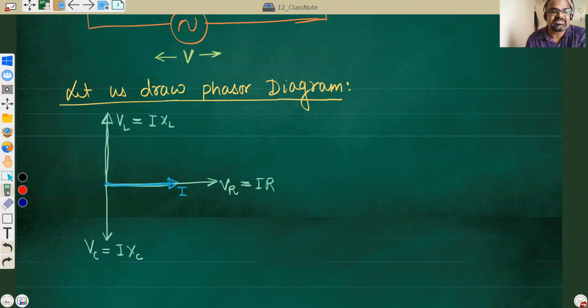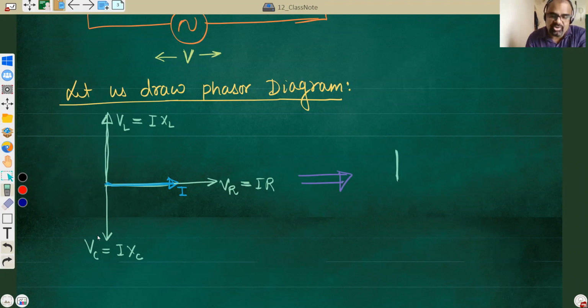What I'll do is I will first add these two, because they are exact opposite to each other, so we can directly add them. When you add them, the resultant of these two will be slightly upward. Why upward? Because I have shown this phasor to be greater than this. Can you see that this length is slightly greater than this?